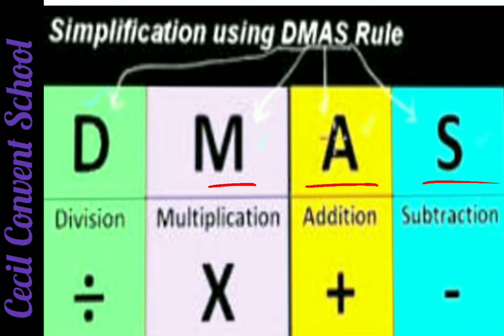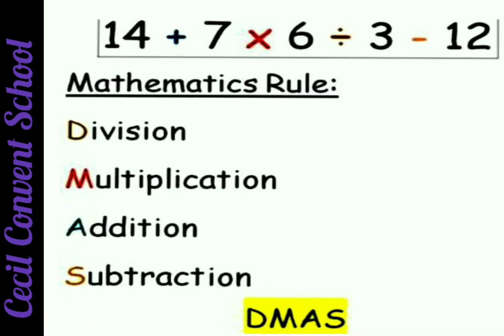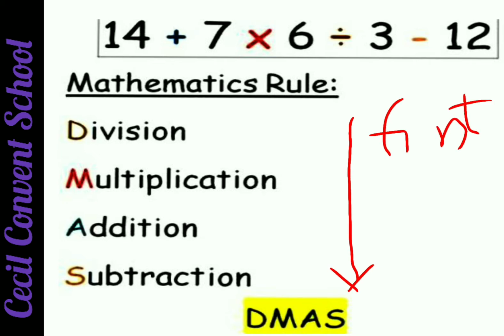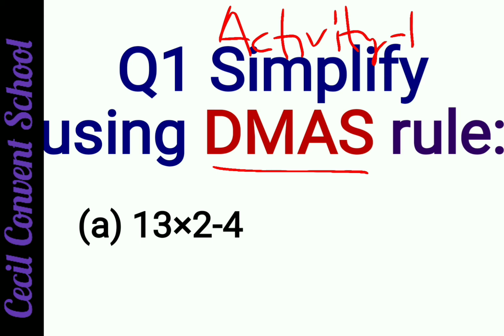Clear, students? The order is like this: firstly division and at the end subtraction. Clear? First is division and last is subtraction. Clear?